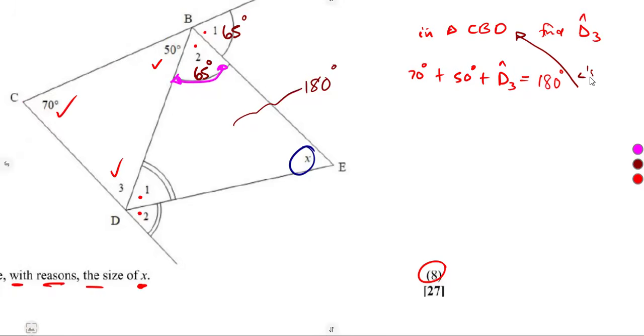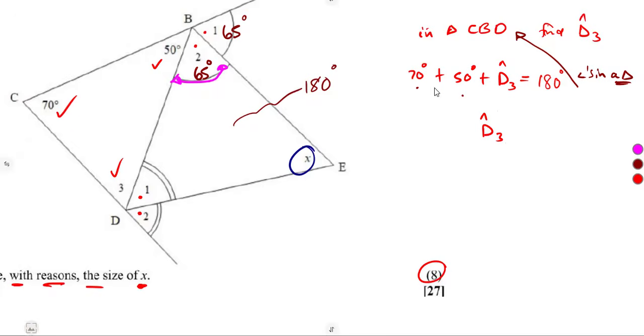Angles in a triangle. So 70 plus 50 is subtracted from 180 in order for us to have angle D3.